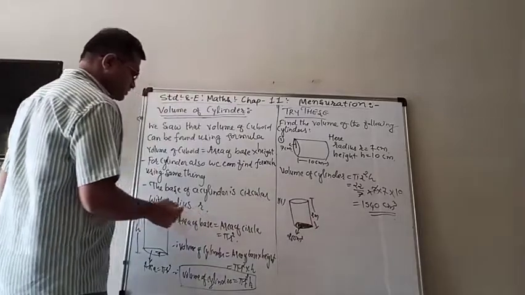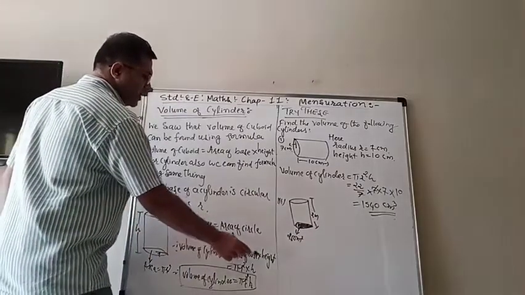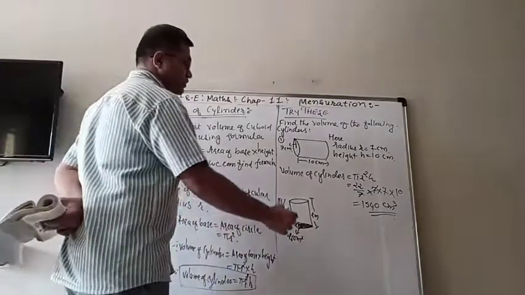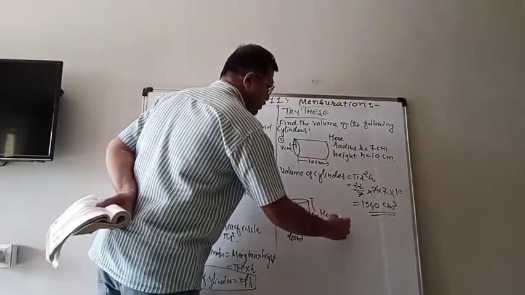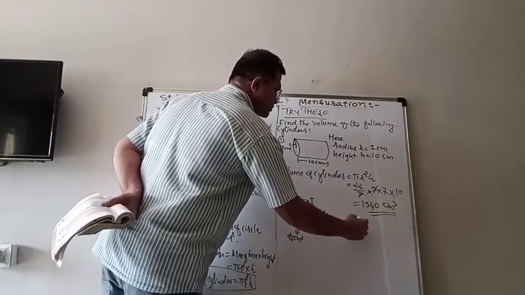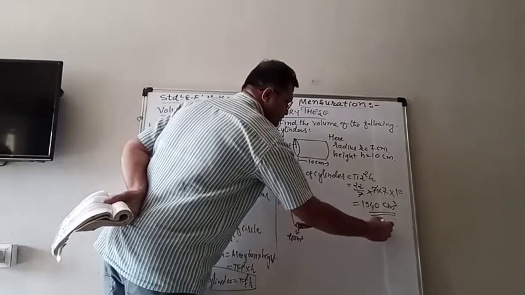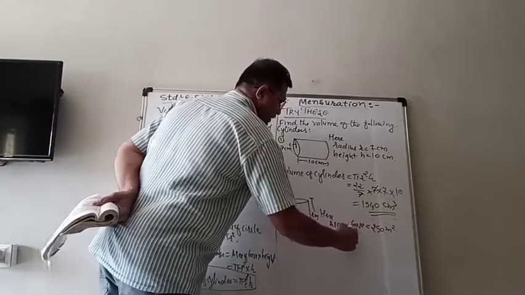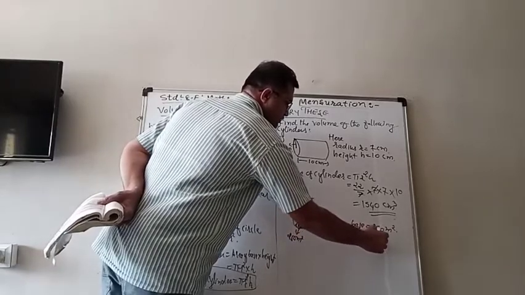So here we can use this formula. Volume of cylinder is equal to area of base multiplied by height. So here area of base is given as 250 meters square and height is given as 2 meter.